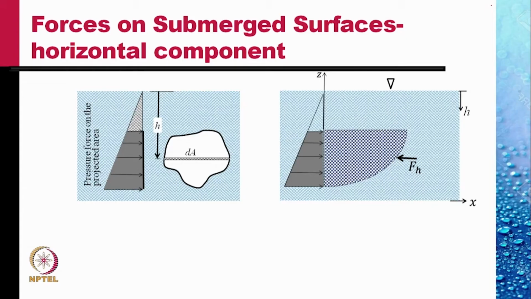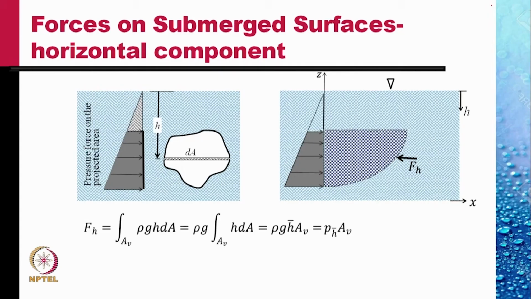We can find the total force by integrating this over dA, and so we get the horizontal force as p h-bar times A_V, where p h-bar is the pressure at the centroid of the projected area and A_V is the vertically projected area.